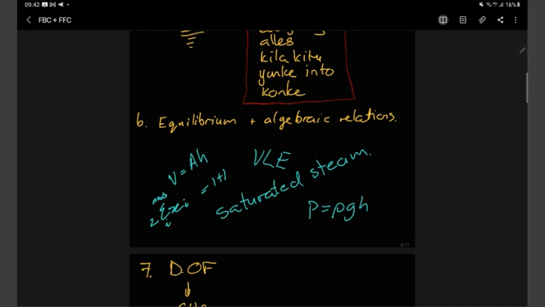Saturated steam is extremely important, and I'm going to test you on this, and you're going to fail that test. If I mention saturated steam, that implies a temperature and pressure relation. It is vapor-liquid, not really vapor-liquid equilibrium, but it's a form of equilibrium expression. So be very careful when you see the word saturated of any stream, not necessarily just steam, but if it's a saturated thing, it specifies more than one variable.